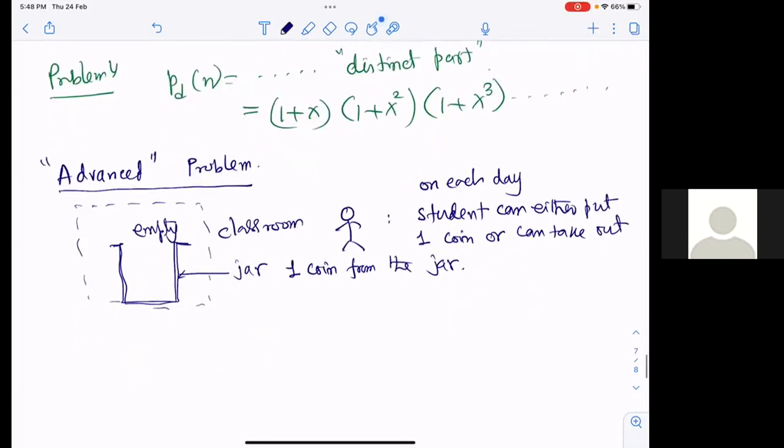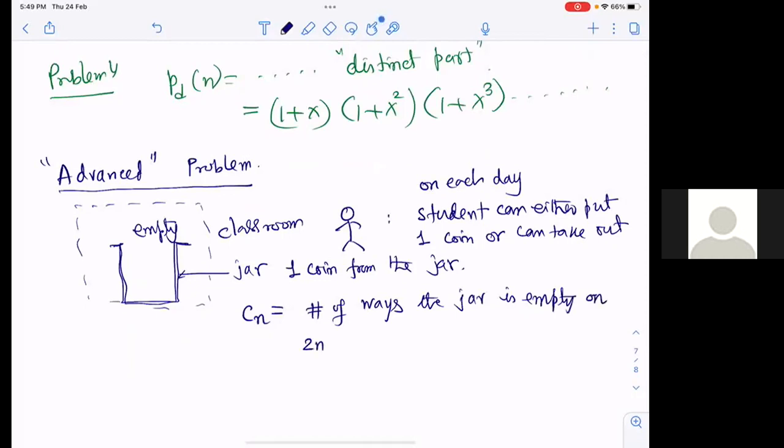Okay. So now Cn is the number of ways the jar is empty on the 2nth day.